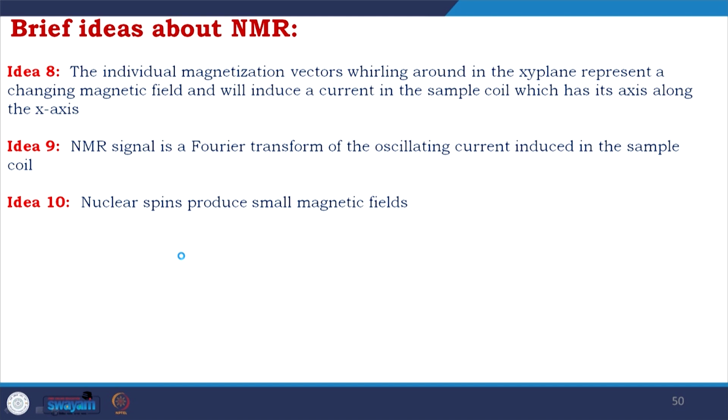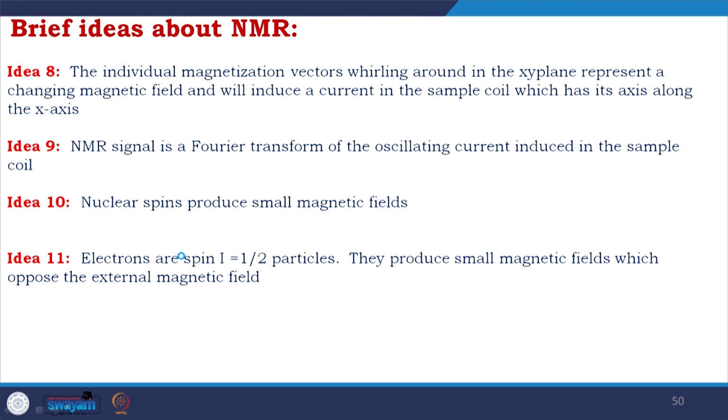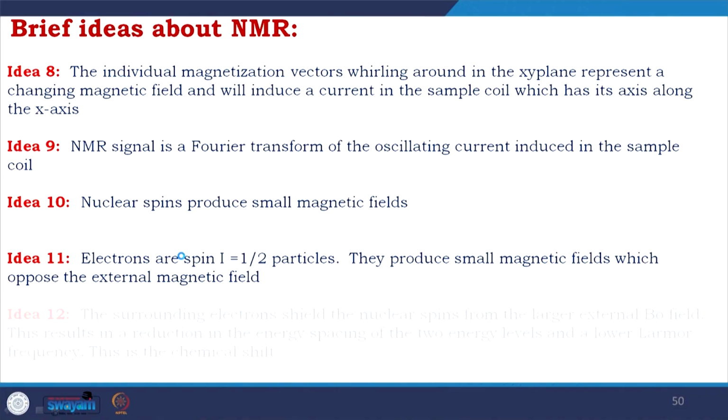Nuclear spins produce small magnetic fields. Electrons are spin I equal to half particles, and they produce small magnetic fields which oppose the external magnetic field. So, we talked about the nucleons producing a magnetic field because of the charge of the proton and the spin of the proton and neutron. Here, electrons are also developing a magnetic field which opposes the external magnetic field.